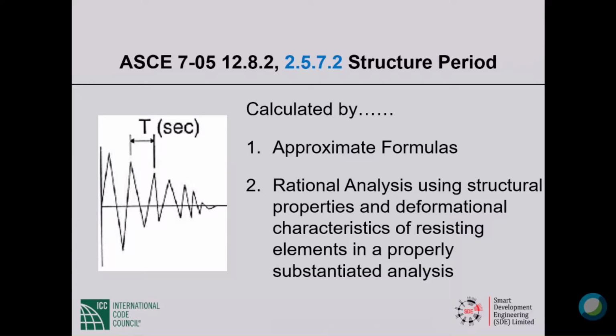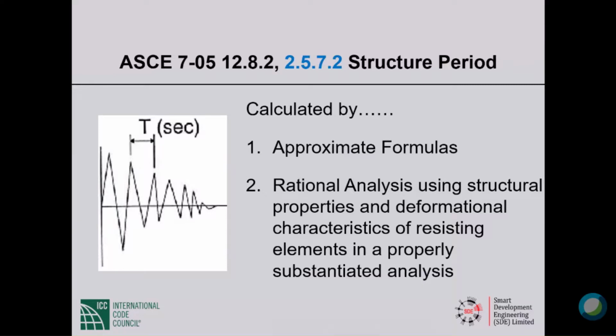Okay? The problem with rationally computed period, however, is that it is a function of the stiffness assumptions that we make. For a concrete structure, by taking cracked section properties as low as we choose, we are in a position to calculate a period as long as we want it to be, which will then translate into a design base shear as low as you would like to design for.